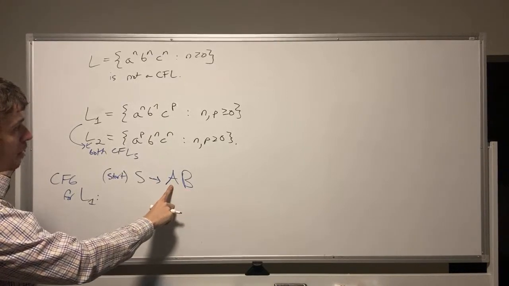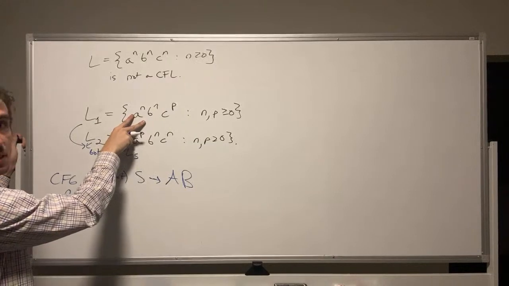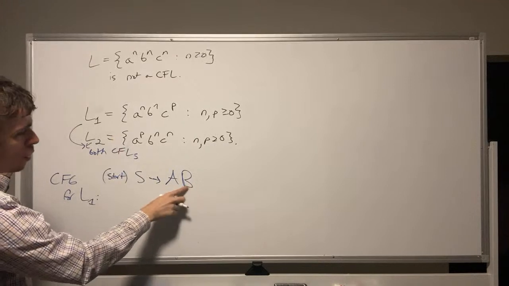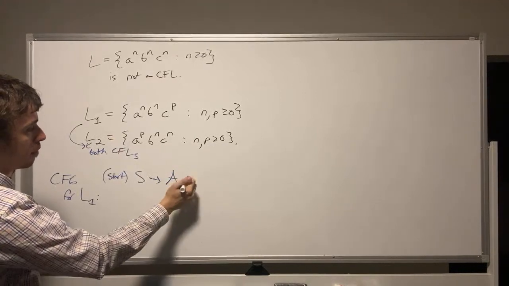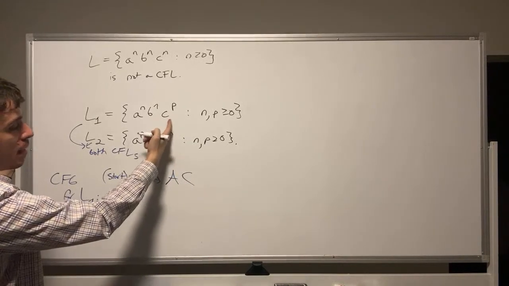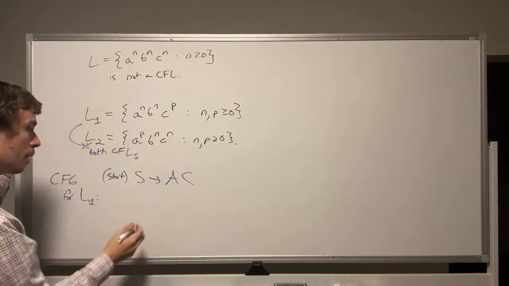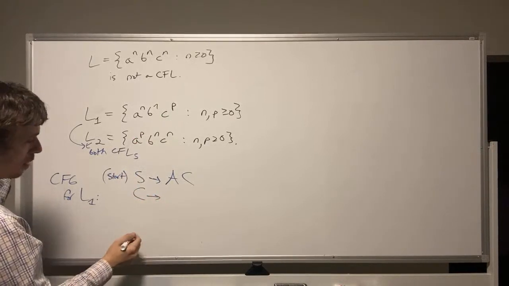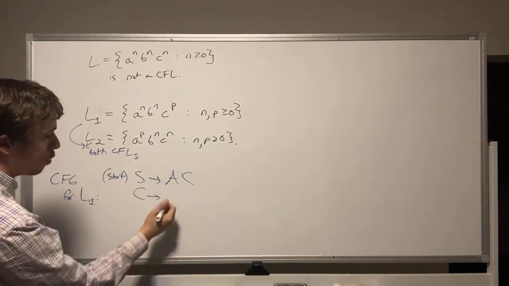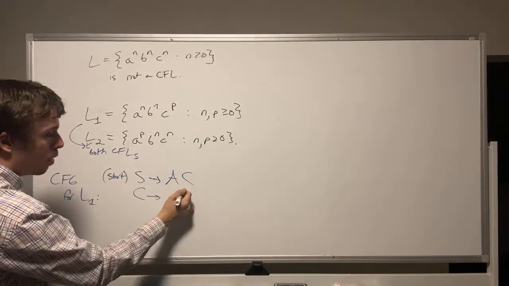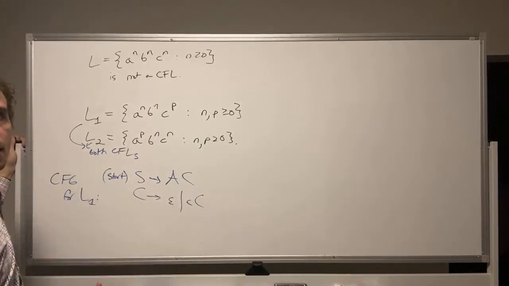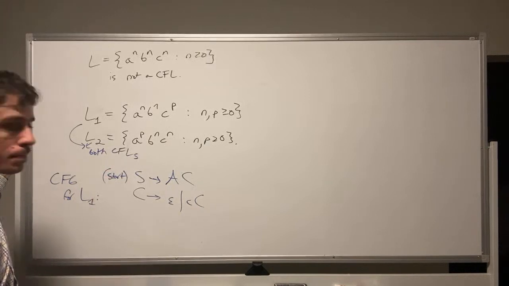Well, the A variable is going to make the A to the n, B to the n part, and then the other variable, actually I'll call it C. So the C variable is going to make any number of C's that we want. We can handle that straight away by saying the C variable can make any number of C's. Well, that could be the empty string, so none, or you can make one more than you have already, and then recursively make some more.